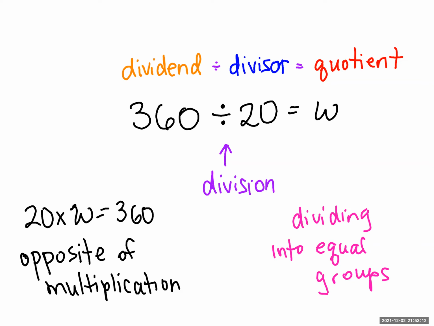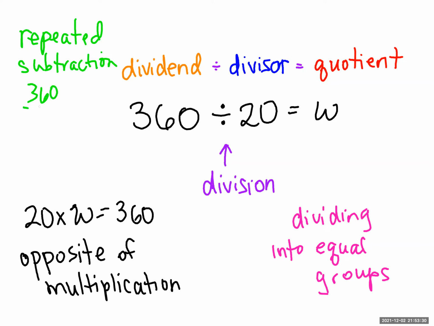So division is also repeated subtraction. How many times can I take 20 out of 360? You know, I can do 360 minus 20 is 340. 340 minus 20 is 320, and I can keep going. How many times can I do that?